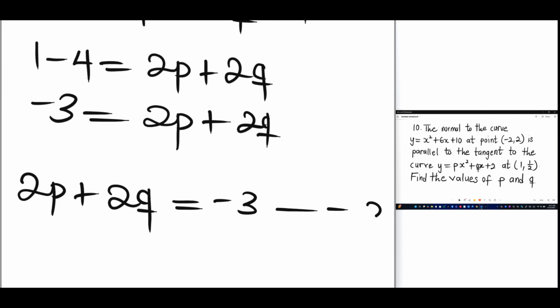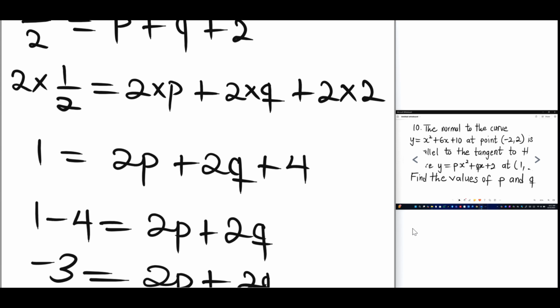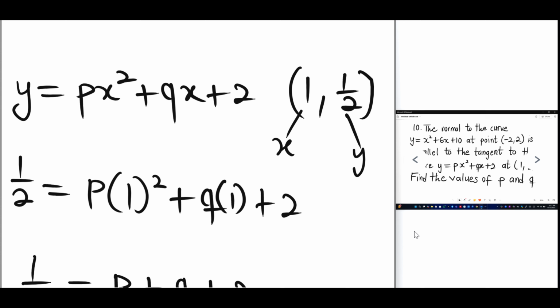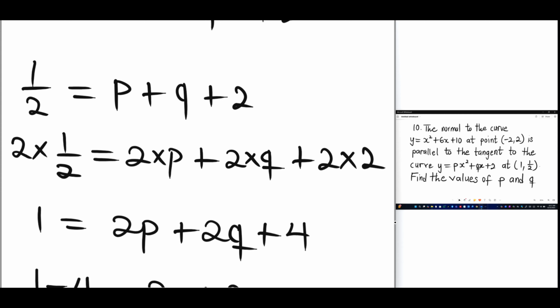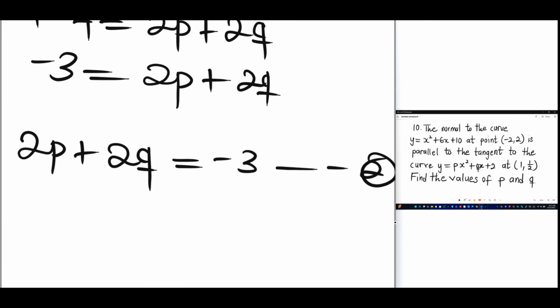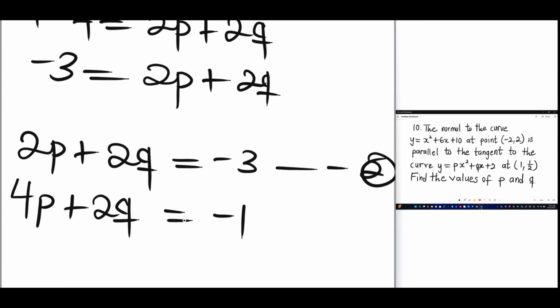Then this becomes our second equation. So let us bring back the first equation, 4p plus 2q equal to negative 1. So this is our equation 1. We just repeated the same equation.